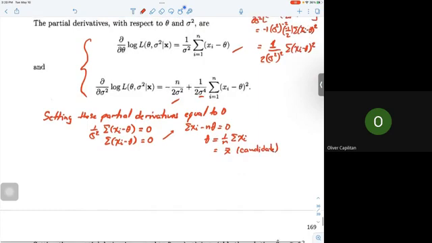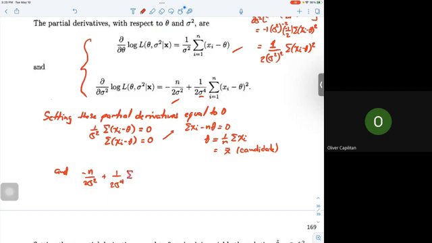Okay, and then for the second one, meron tayong negative n over 2 sigma square, and then plus 1 over 2 sigma to the 4.